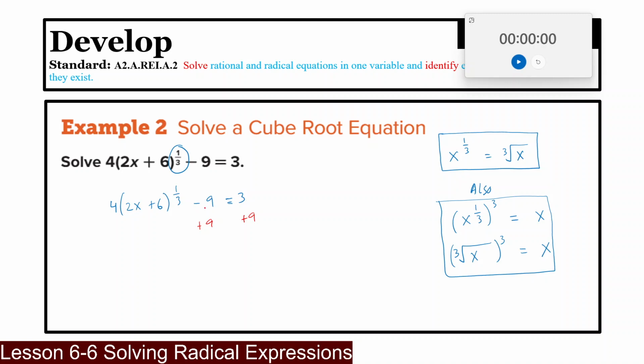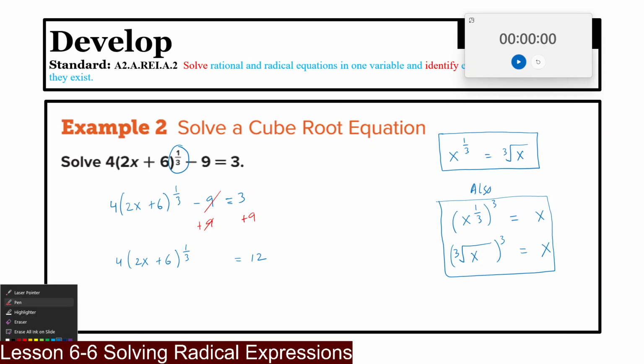Once I add 9 to both sides, the 9's cancel out. And I'm left with 4 times 2x plus 6 raised to 1/3 equals, oh, this 9 doesn't cancel out, my bad. This 9 actually becomes a 12. So I get 12 over here.